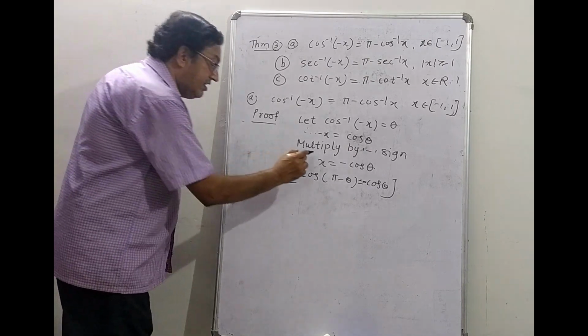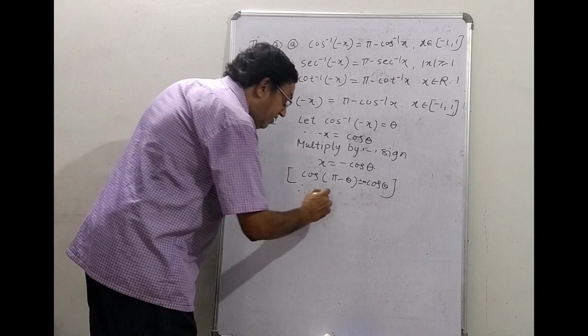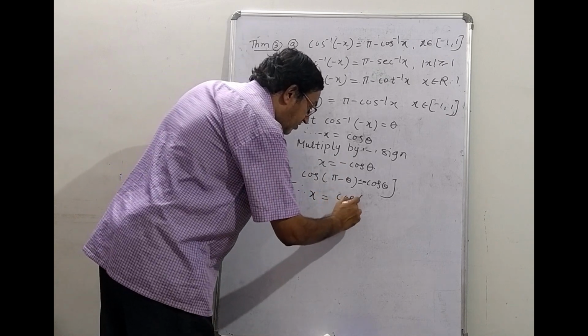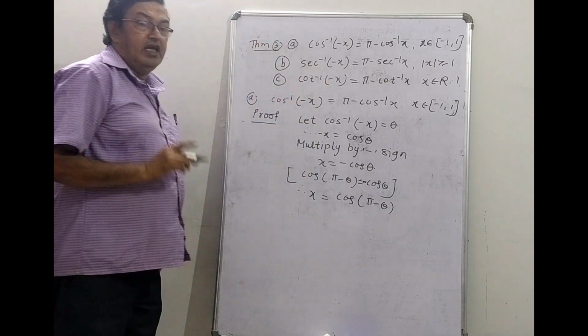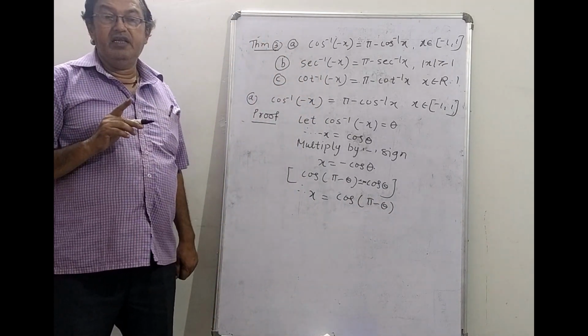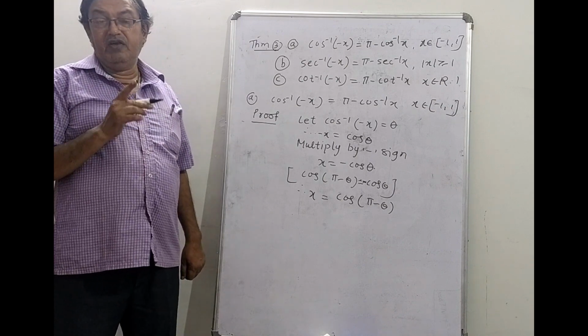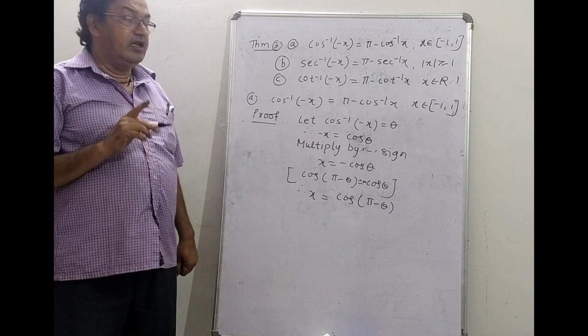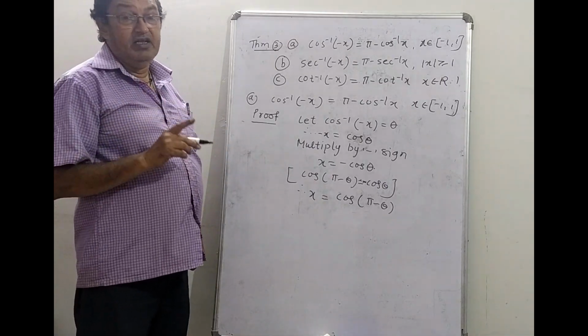So we can rewrite this as x is equal to cos of pi minus theta. Like sine of minus theta is minus sine theta, but cos of minus theta is plus cos theta. We cannot take that as minus cos theta.